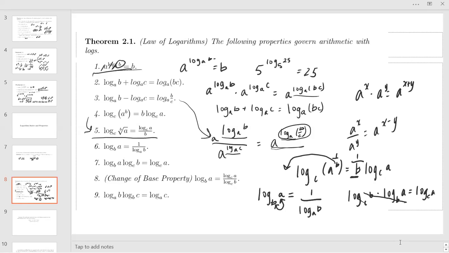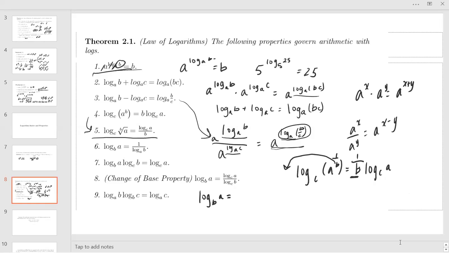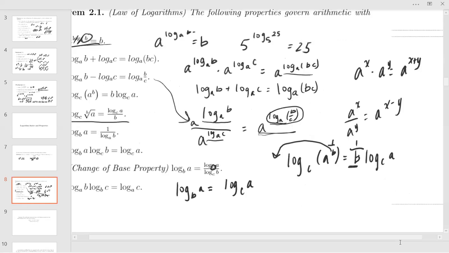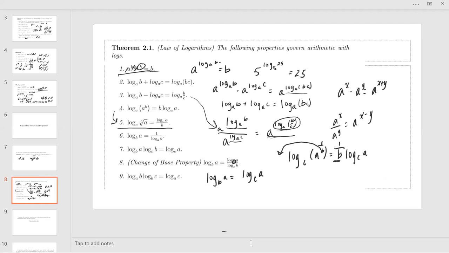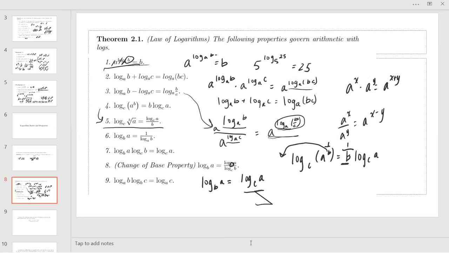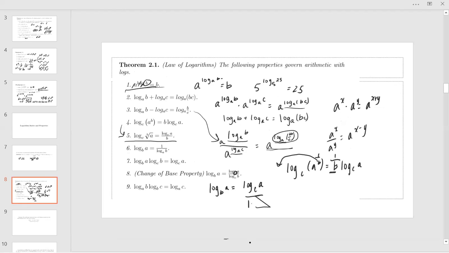Next, we have the change of base property, which is pretty important. So if we wanted to write log b base a, or log a base b, in terms of logs of base c, first we take the log base c of a, and we divide that by the log of b base c.